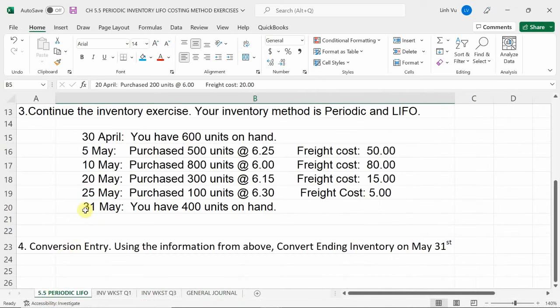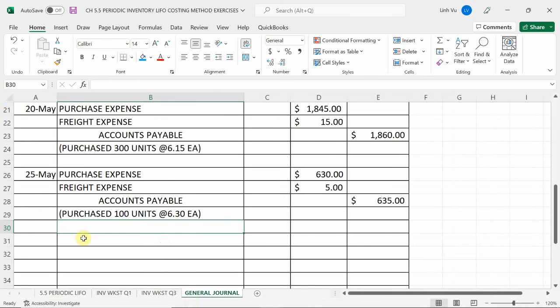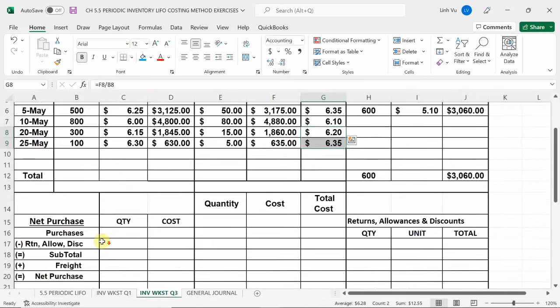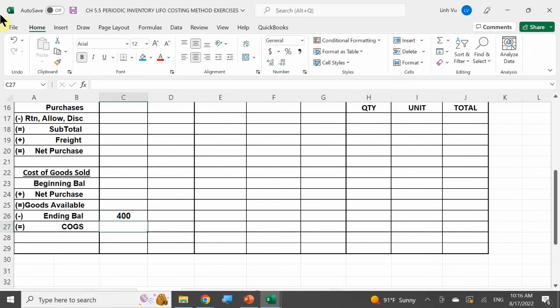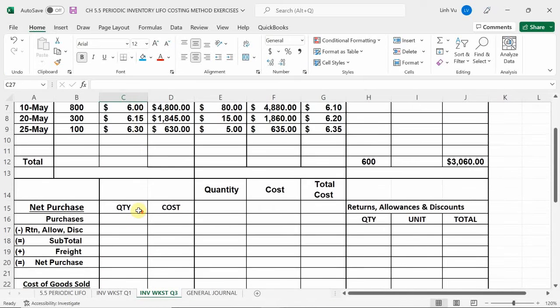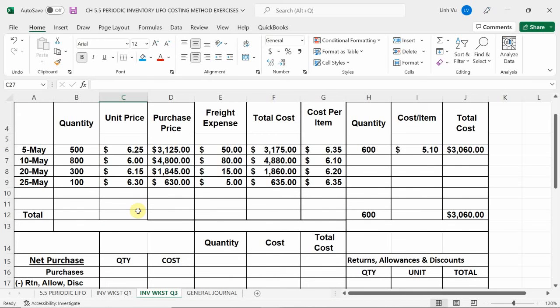So the last thing that we have here is that on May 30th, you have a grand total of 400 units on hand. So in this case, that is something that I know. I have 400 units left. So now I need to solve for the rest of the total costs. I need to figure out my totals for my purchases of inventory.